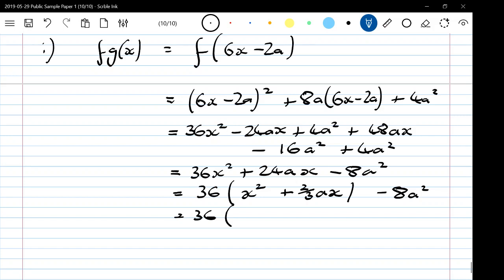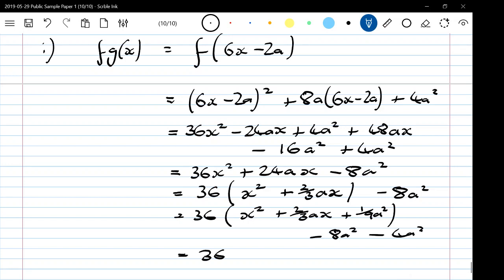So if we complete the square, we've got 36 lots of... half the coefficient of x would be one third of a. So we've got x squared plus two thirds of ax plus one ninth a squared. So we've added in a ninth of a squared, but we've added it in 36 times, so that's 4a squared. So minus 8a squared, take away the other 4a squared.